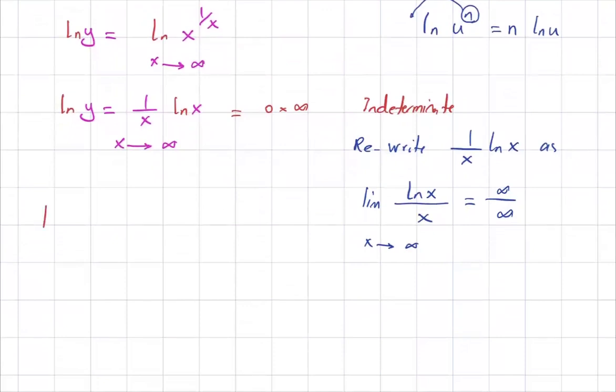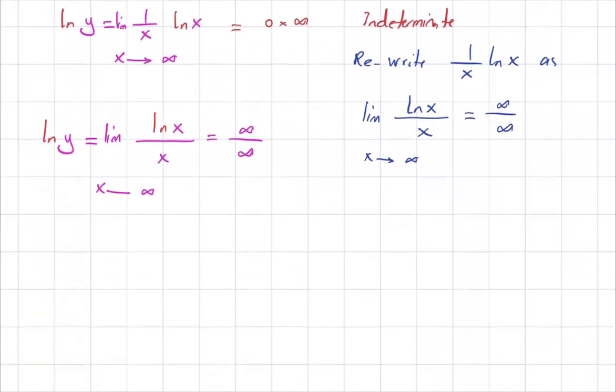So ln of y is equal to the limit of ln of x divided by x as x goes to infinity, which is infinity over infinity.